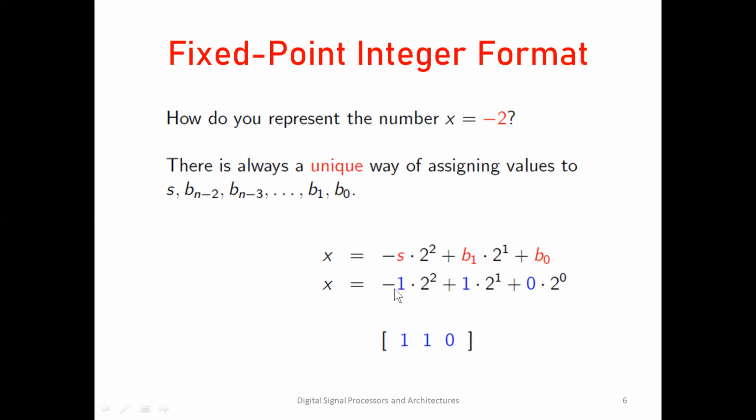So we have minus 1 times 2 power 2 and so on till 0. When you calculate this, we get 110, which is the representation of x equal to minus 2 in fixed point integer format.